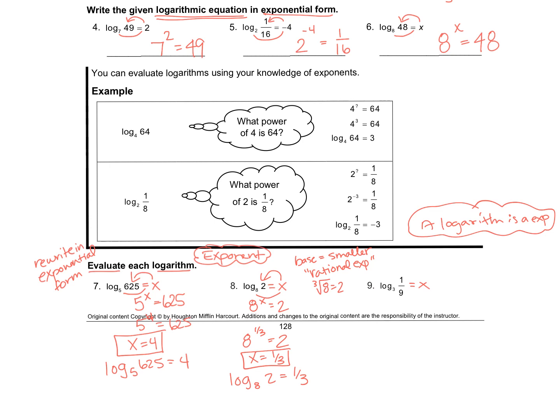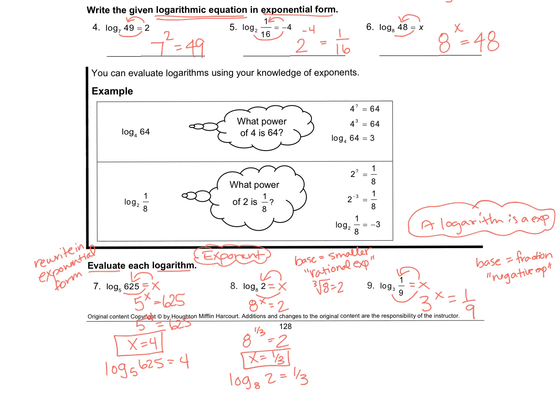So let's take a look at another one that involves me thinking a little bit extra. In this problem, when I do my backwards C, I get 3 to the x equals 1/9. So when my base is not a fraction but my answer is a fraction, sometimes I need to think about maybe a negative exponent. That's what's going on in this case. I have a base of 3, and I want to raise it to some power to get 1/9.